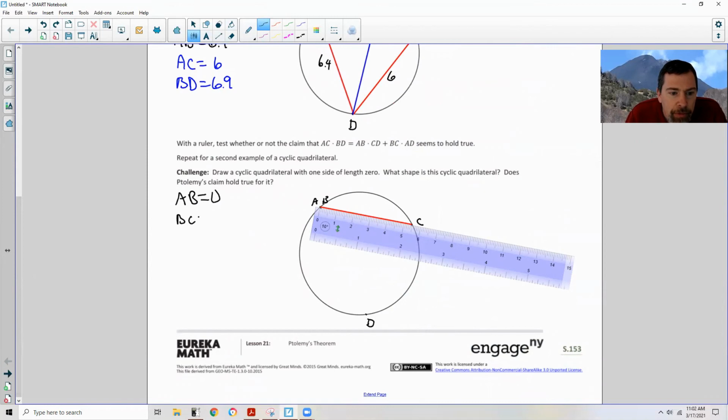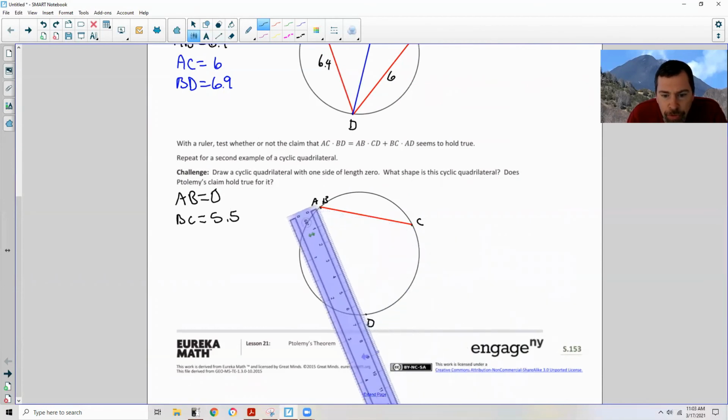BC equals 5.5. AB was 0 because A and B are at the same location. I will rotate and measure over here first since I'm already at 0 on A. And that looks like 6.7. So that is AD or DA equals 6.7.